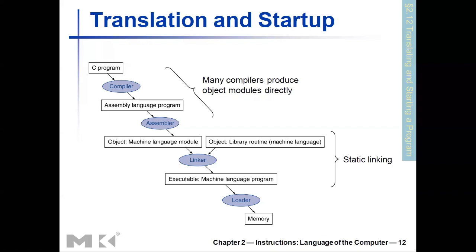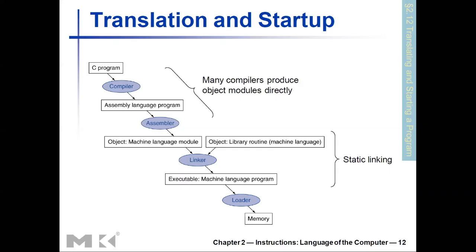Because in your program you are using printf, there has to be a printf implementation. The code for printf has to be there somewhere in the full program. That linking is done by the linker, and the linking we are talking about here is static linking, where we plug the object code of the library routines into the machine language module of our program.